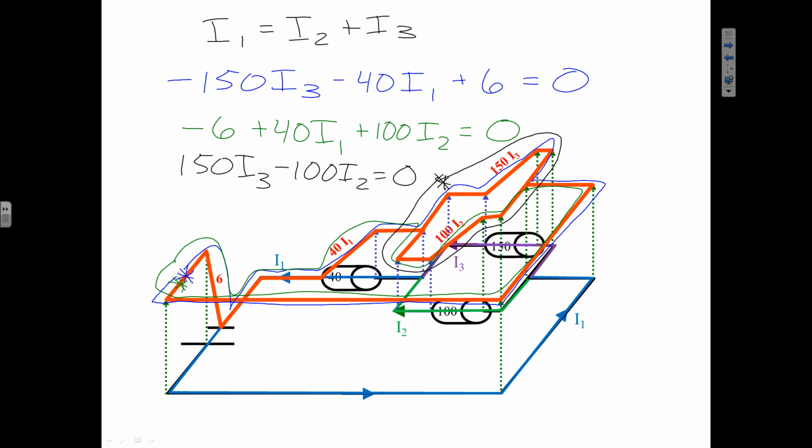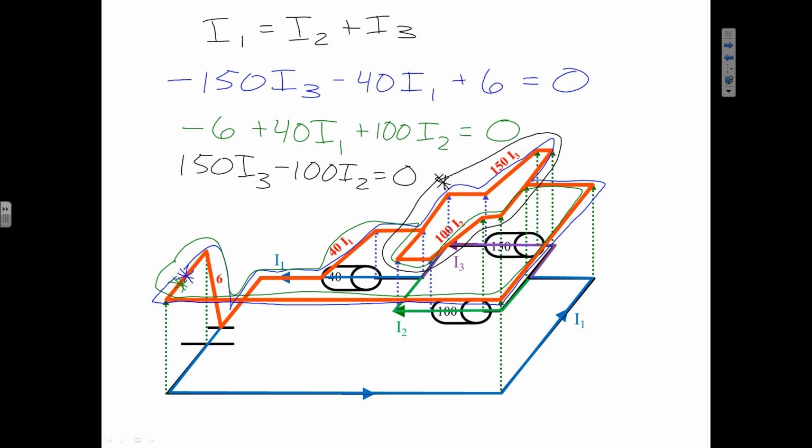And therefore, then you have minus 150 C minus 40 A plus 6 equals 0. Minus 6 plus 40 A plus 100 B equals 0.